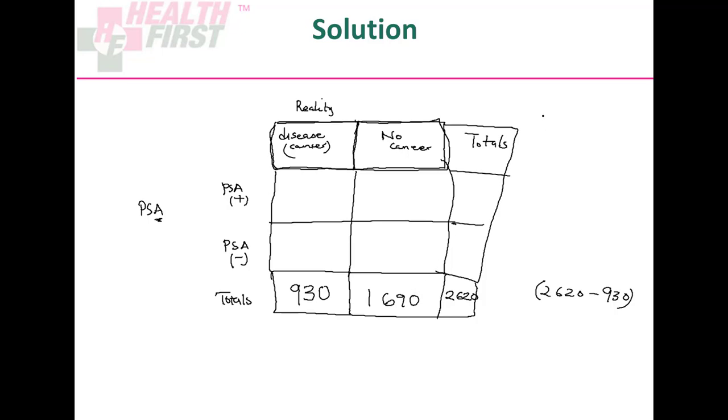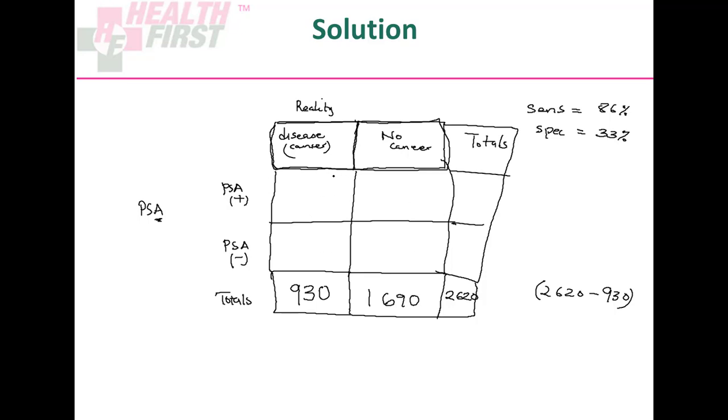And we are told, remember, that the sensitivity of this test is equal to 86%, and the specificity is equal to 33%. So from this information, we can easily fill out the remainder of the cells, right?